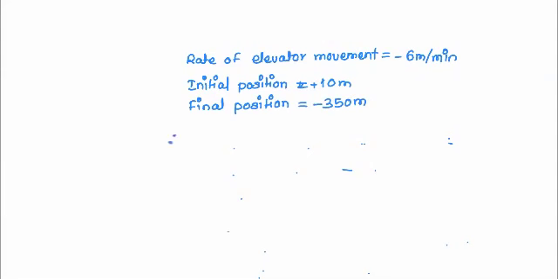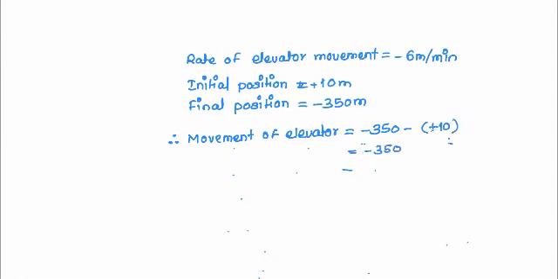Therefore, the movement of elevator is equal to final position, which is minus 350 minus the initial position, which is plus 10. Minus 350 minus plus, successive signs, different signs result into minus, minus 10.